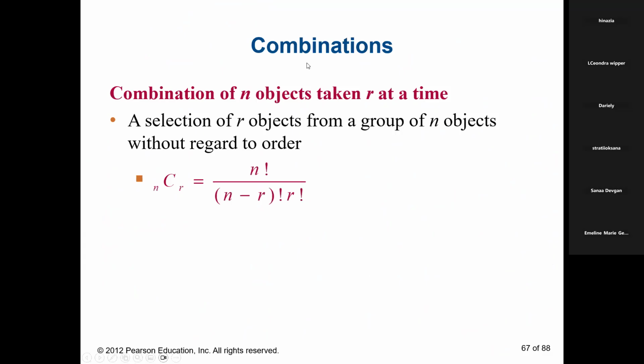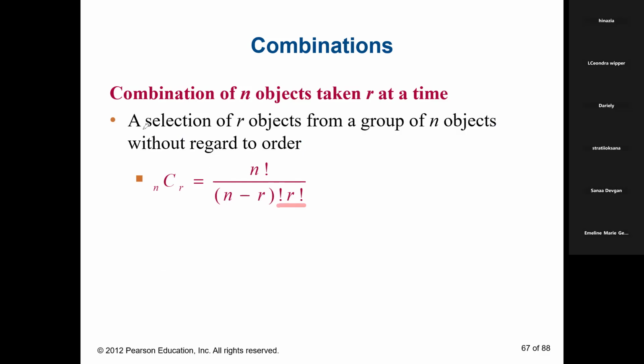Let's talk about combination. Combination, the formula here, the only difference here, you multiply by r factorial. You take the same permutation formula here, you add this thing here, you multiply by this here. That's the only difference here. But when you talk about combination, order is not important.